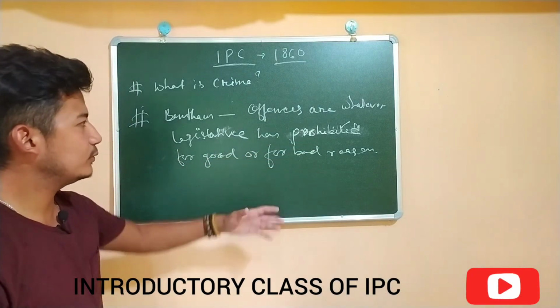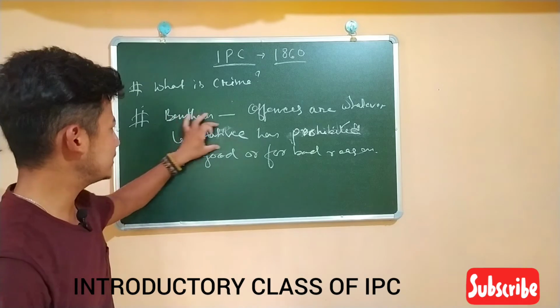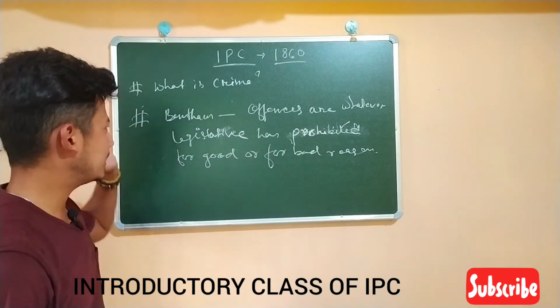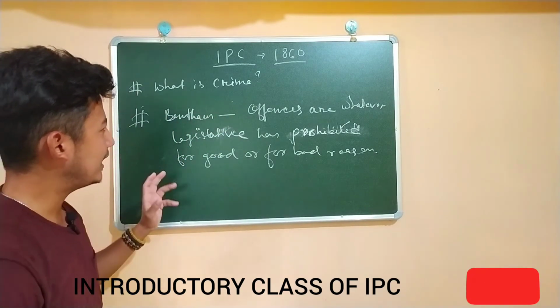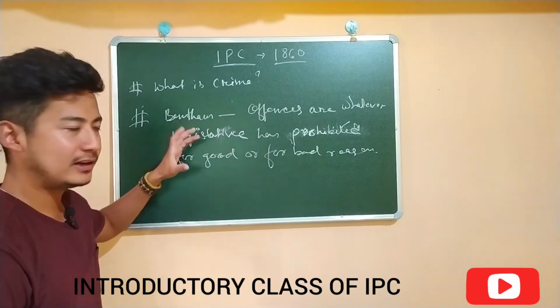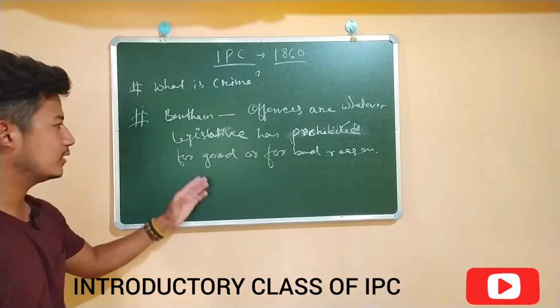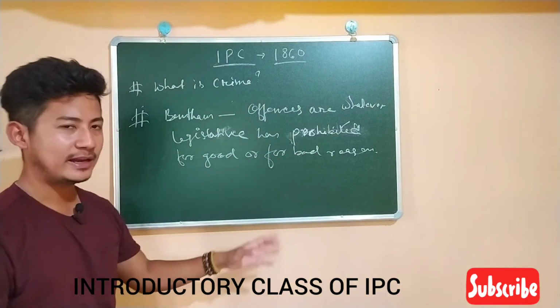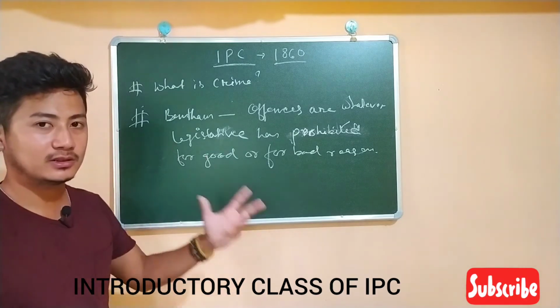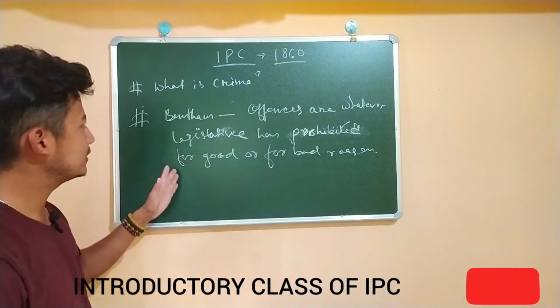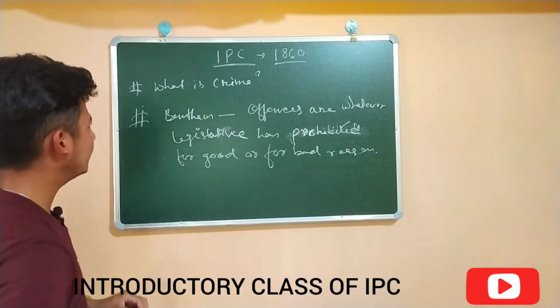Very simple. Bentham is a jurist, the propounder of legal positivism, or the analytical school. According to Bentham, offenses are whatever the legislature has prohibited for good or bad reasons. The legislature is the parliament. Any acts which the parliament has prohibited for good or bad reasons, if anybody commits such acts, that will be a crime. This is the definition of Bentham.